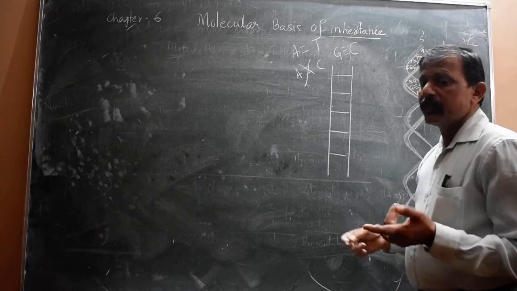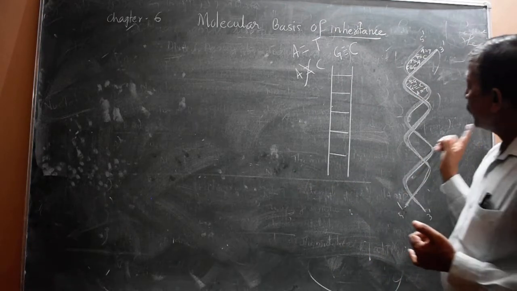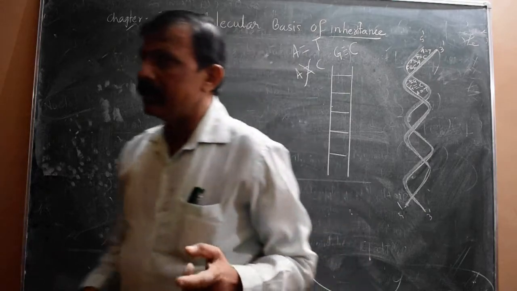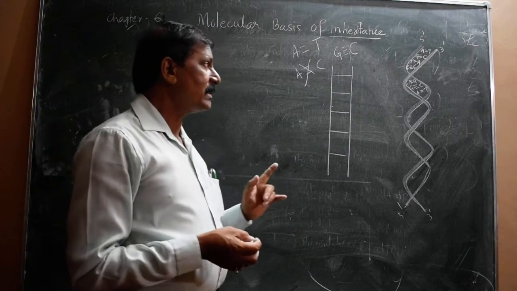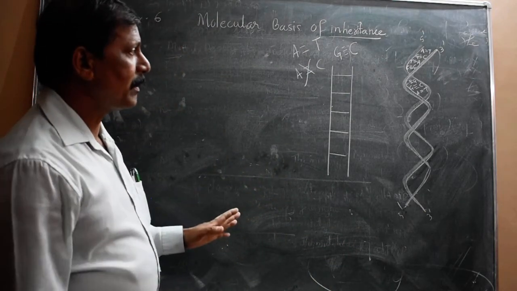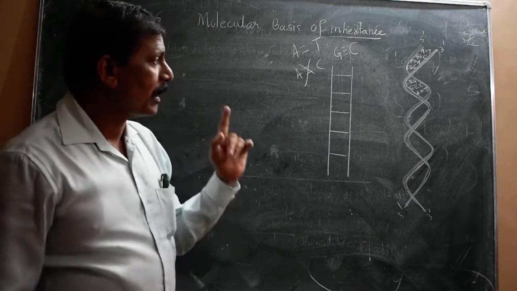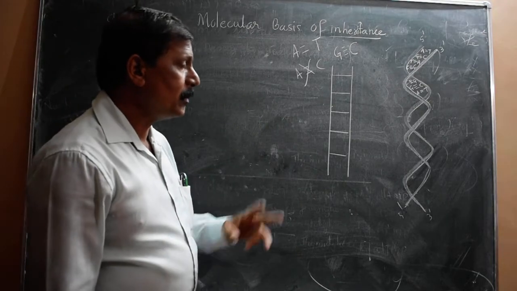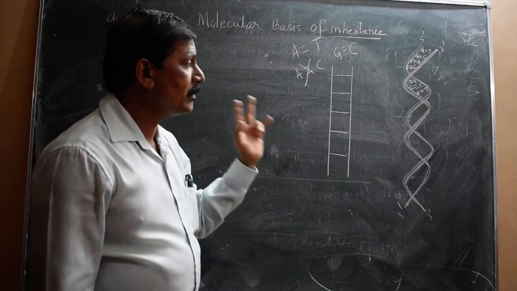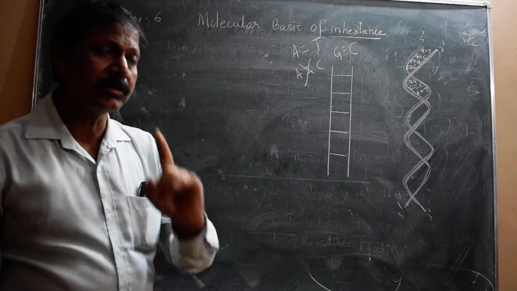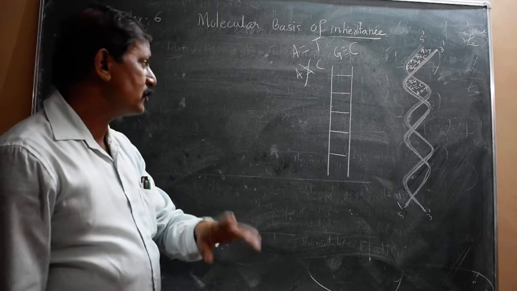So remember that in an anti-parallel DNA, pairing takes place such that adenine always combines with thymine and guanine always combines with cytosine, or vice versa. Adenine with thymine has 2 hydrogen bonds, and guanine with cytosine has 3 hydrogen bonds. This you also have to remember.